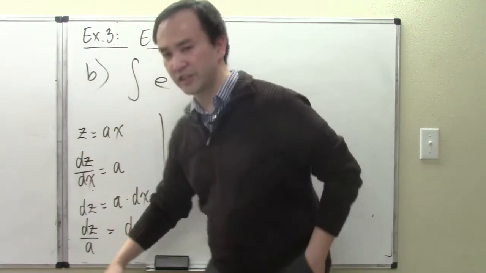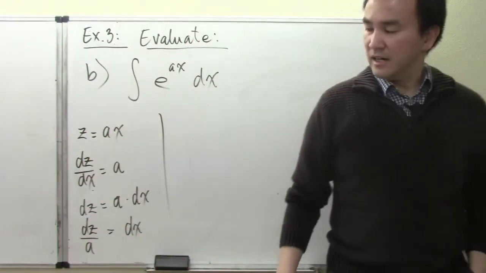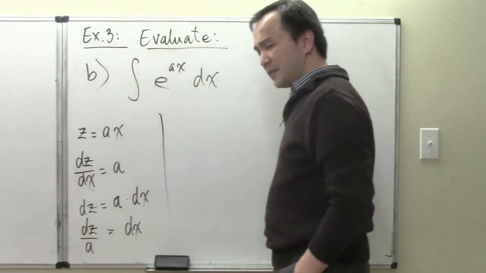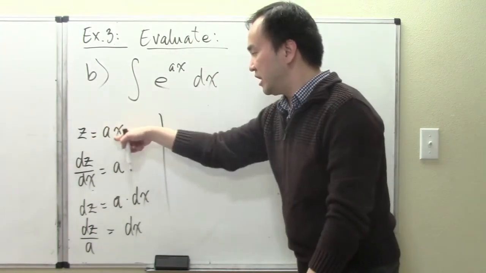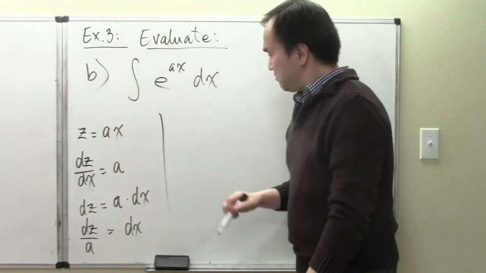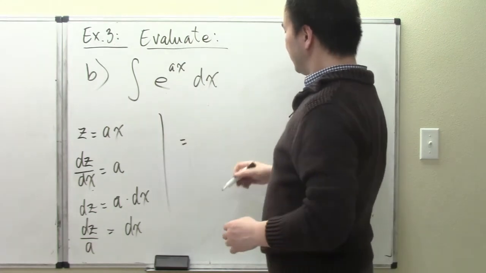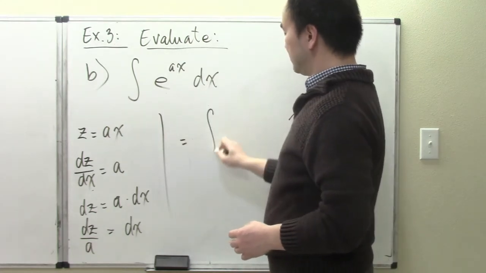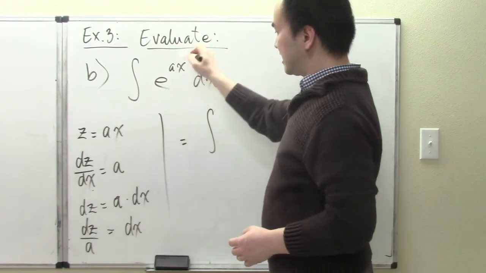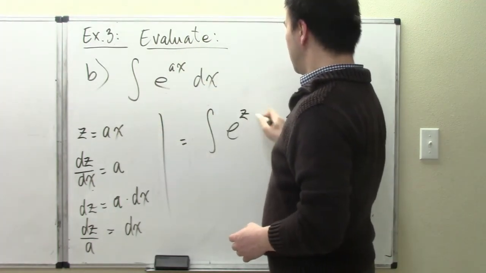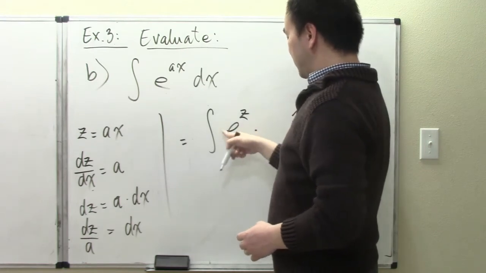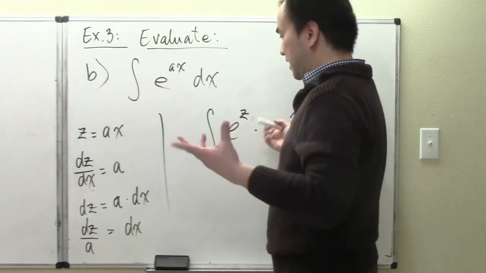These are all just the algebraic manipulation of that important step right here, finding the derivative of your z equals ax. But now, how does that work in this problem? E to the ax. Ax is now substituted by z, so e to the z. Okay, there's no other extra expression except for that dx.